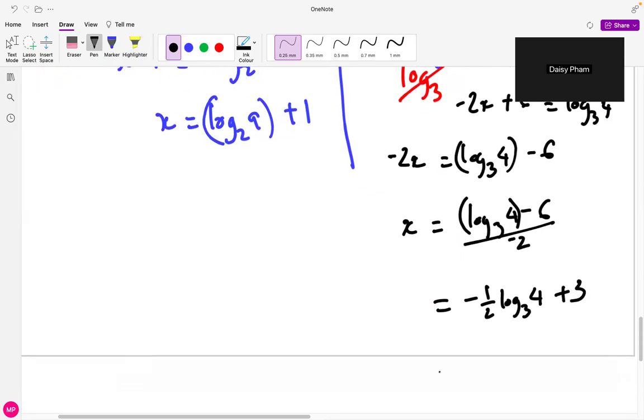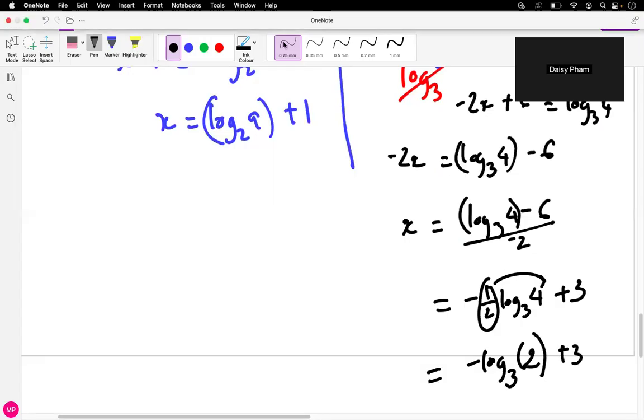And finally, if you want to make it even nicer, see a half here, you can bring the half to the top, which means it's negative log 3 of 4 to the power of a half, which is 2. Sorry, negative log 3 of 2 plus 3. That's the nicest form.